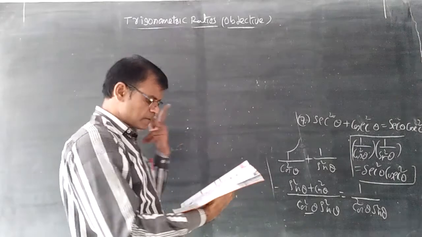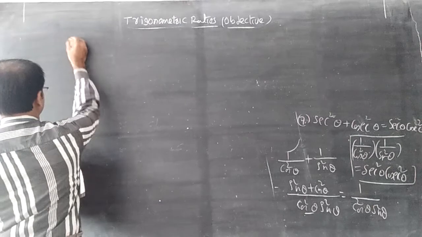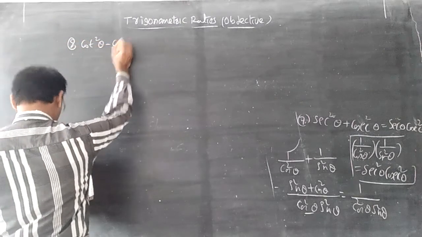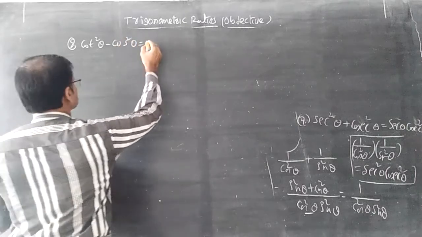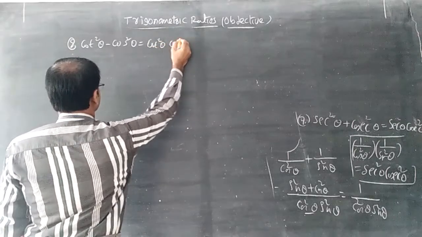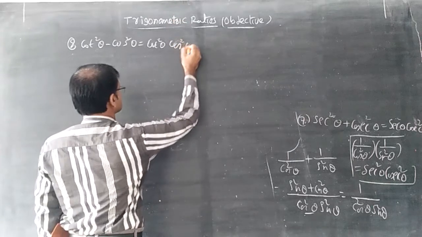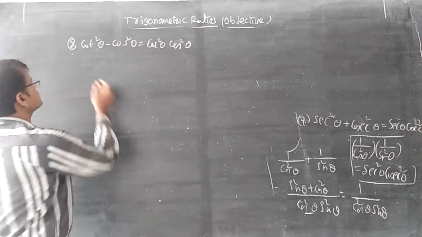Next, eighth one: cot square theta minus cos square theta is equal to cot square theta into cos square theta. Is it possible?